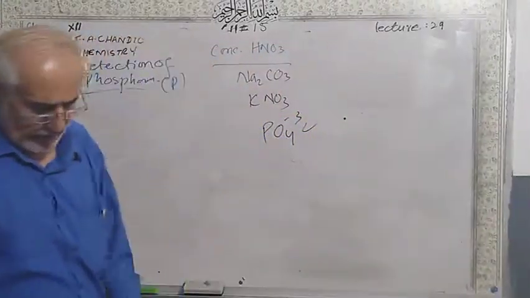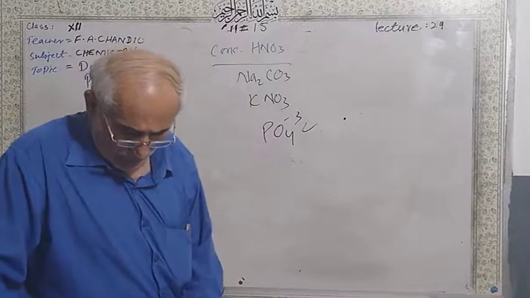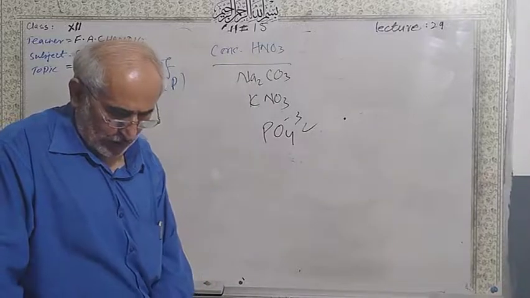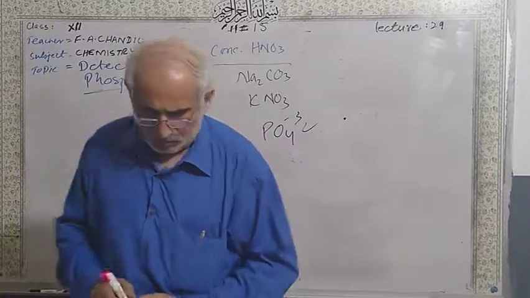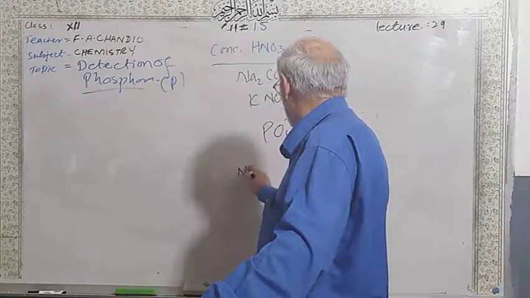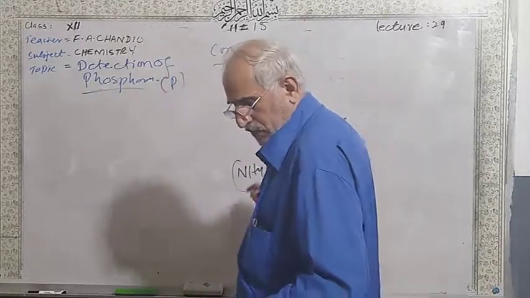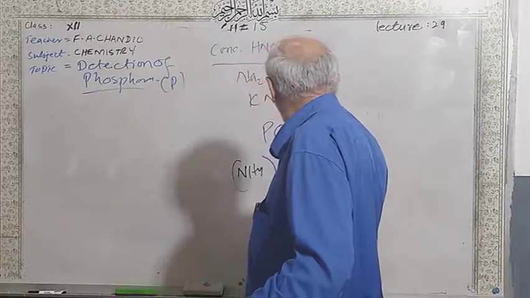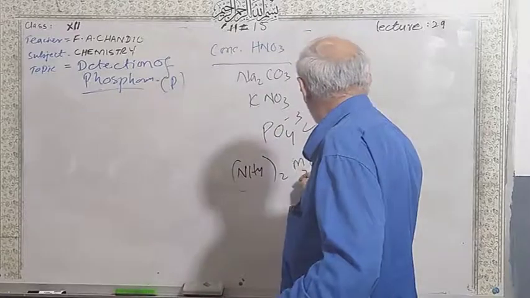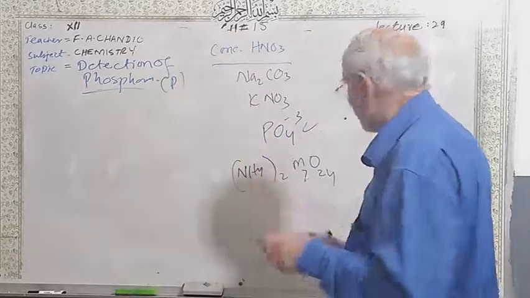The residue is extracted with water, boiled with some nitric acid, then a hot solution of ammonium molybdate is added. The formula of ammonium molybdate is (NH4)2MoO4.